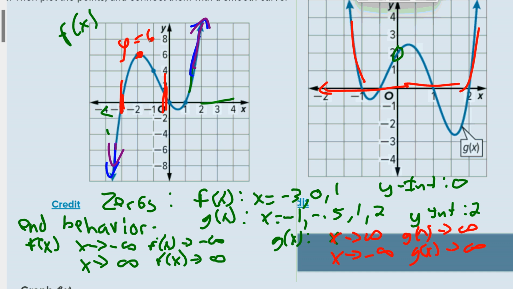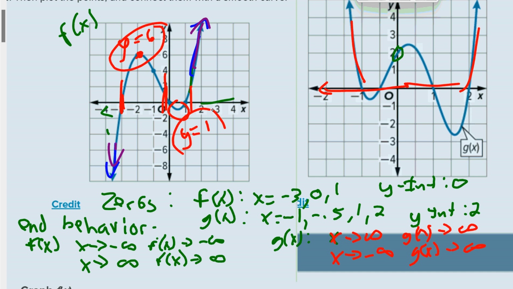And then down here, we have a relative minimum. I would say 0.5 would be my x value, and maybe y equals 1 the y value. So those are relative extrema, a relative max and a relative minimum at y equals 1.